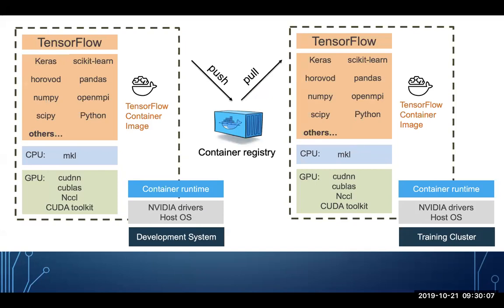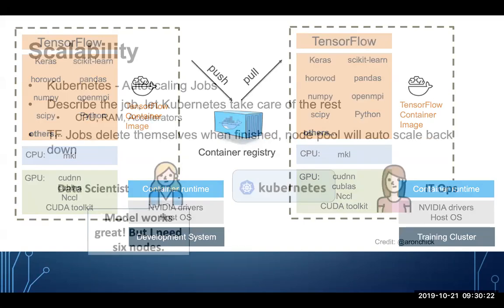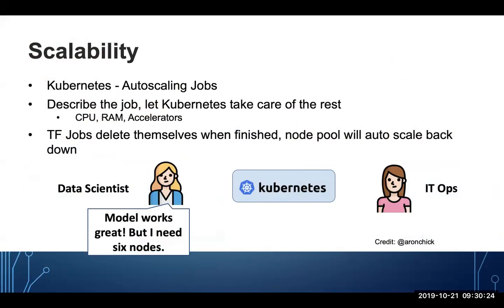And because you specified all the library dependencies, it's going to be running exactly the same on another environment. So this really helps you in terms of how do I port my code environment from a local environment to a production system.